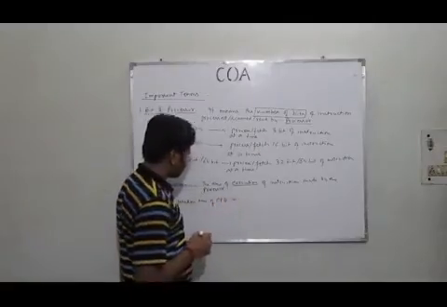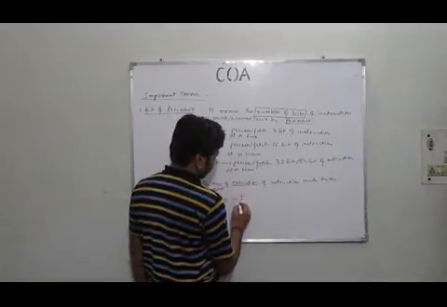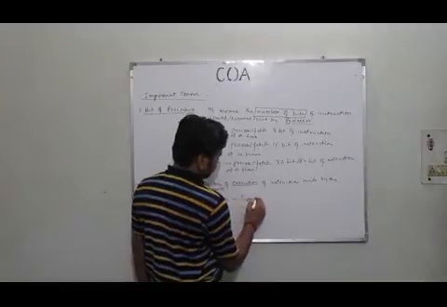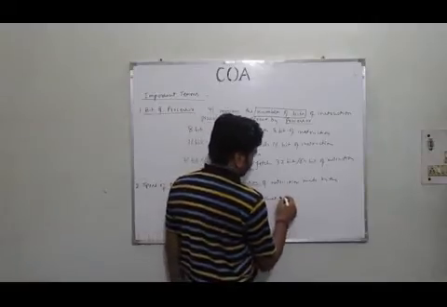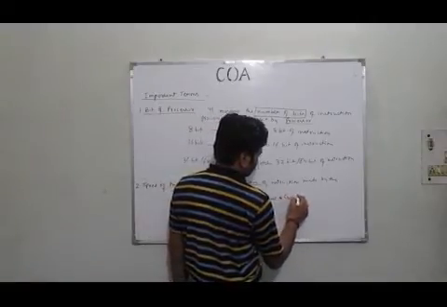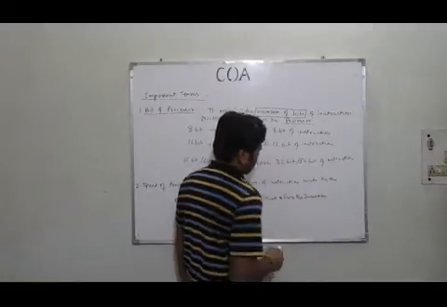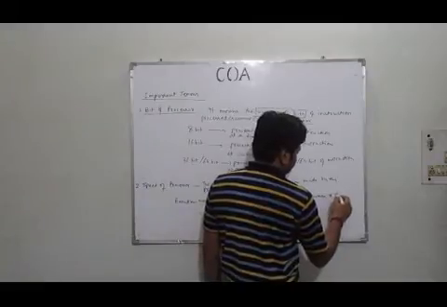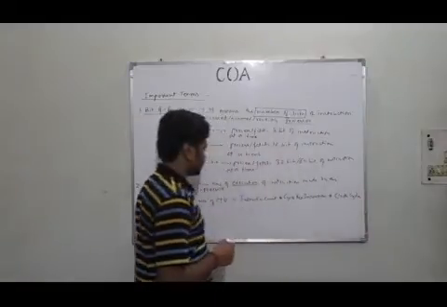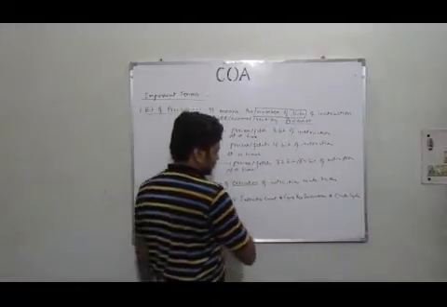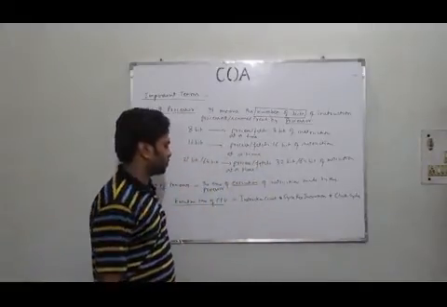And the execution time of CPU has a formula: instruction count into cycles per instruction into clock cycle of the processor. So this entire formula determines the execution time of CPU.